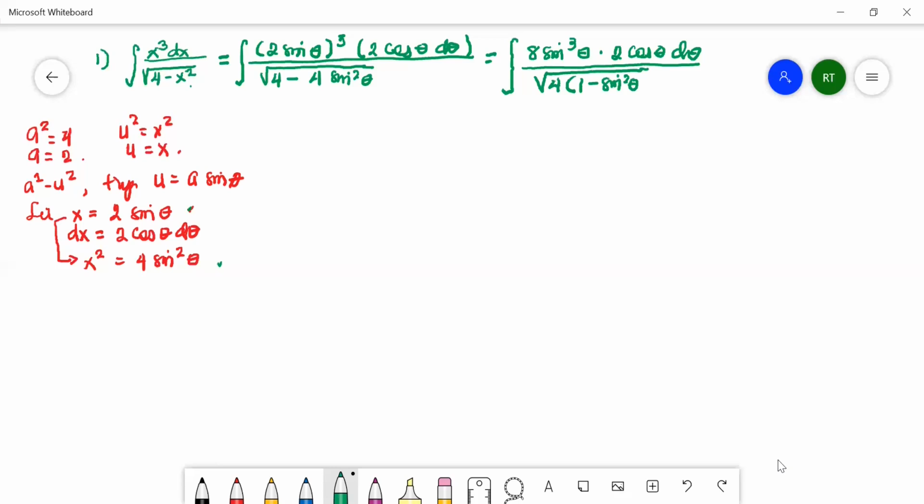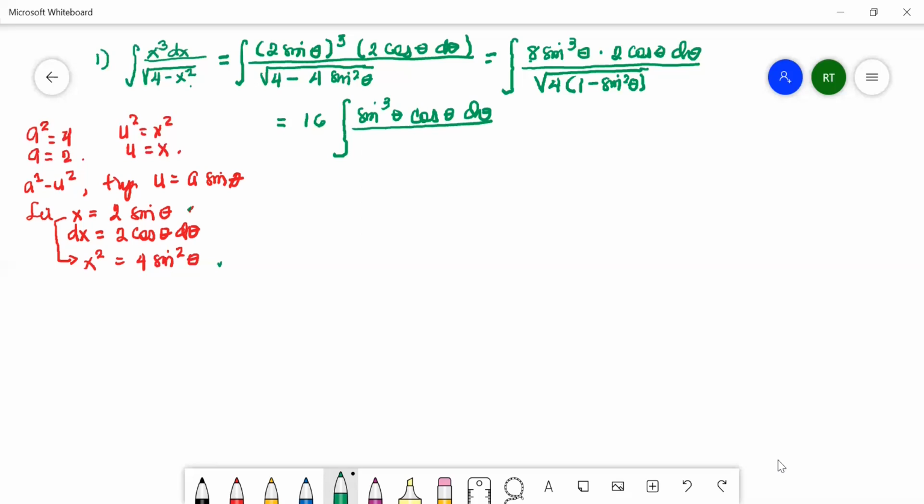Simplifying further, in the numerator we have 8 times 2, which is equal to 16 before the integral sign. So 16 times the integral of sine cubed of theta cosine of theta d theta over, now look at the radicand.